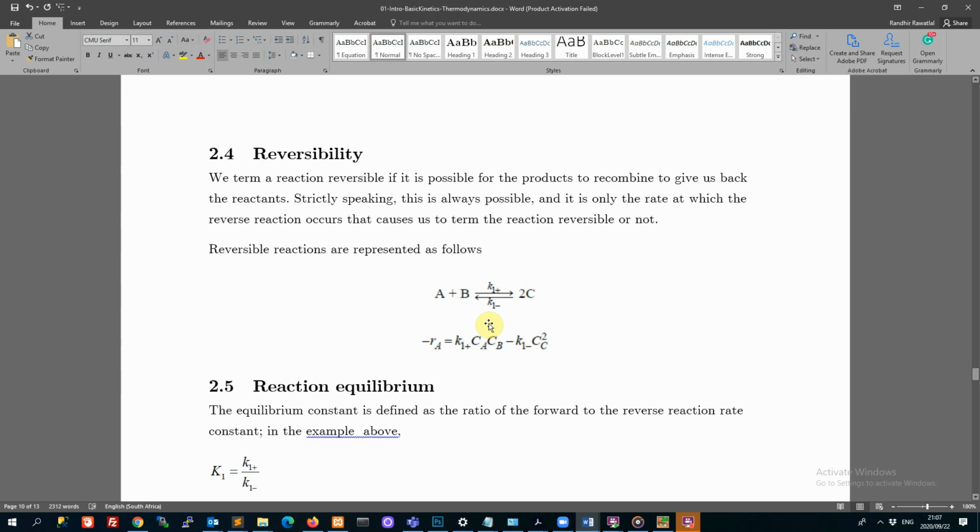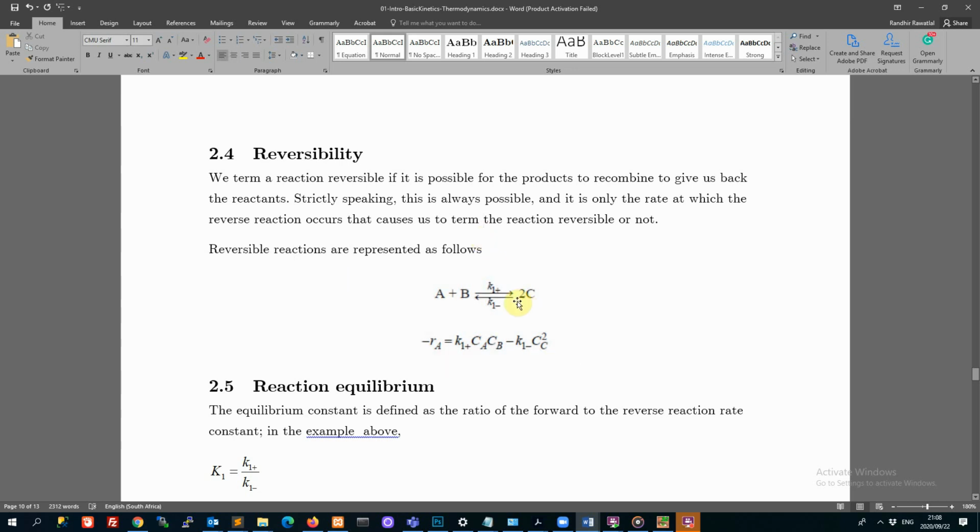Our reaction might also be reversible. So if A and B combine and it gives us 2 of C, so you get individually C molecules going off. But what if 2 C molecules come back together? So if 2 C molecules collide, then there's a certain chance that they will reverse their operations and give us back A and B. So reversible reactions, and generally speaking, everything is reversible.